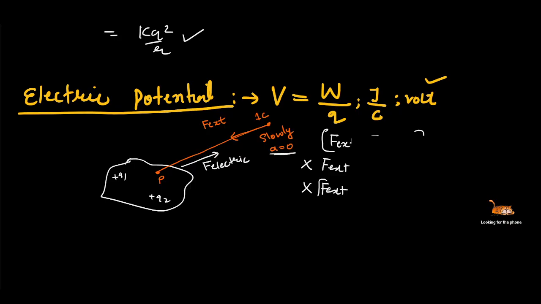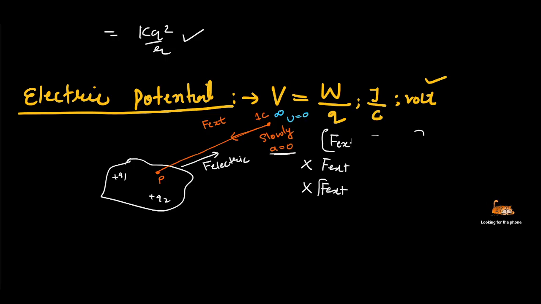Now somehow I dragged this 1 coulomb charge, this unit charge, to a particular point P. The work done in bringing this 1 coulomb charge from infinity to point P, this work done per charge, is known as electric potential. This is infinity. At infinity, my U is 0, we know this thing.